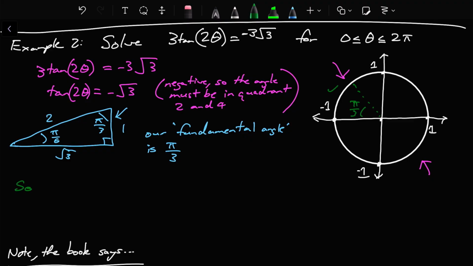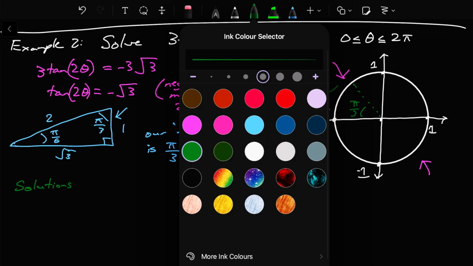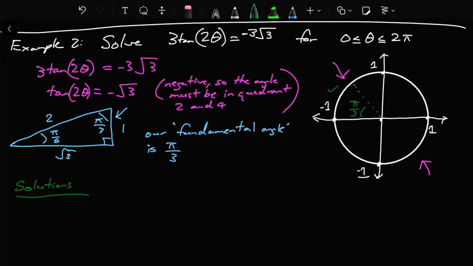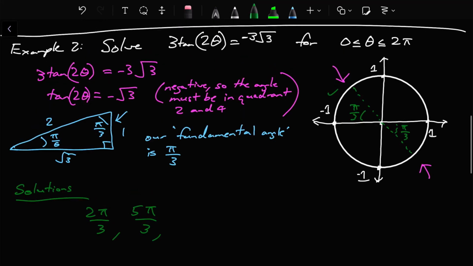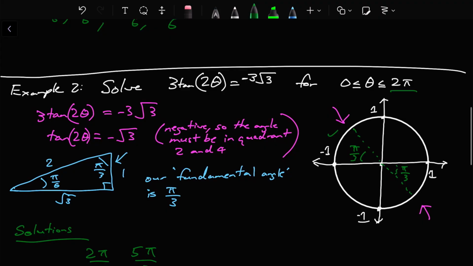So we can see our solutions are 2 pi on 3. And then we can also do the one down here, yeah, where this is pi on 3. Which means that it's also going to be, well, how many lots of pi on 3? That's 5 pi on 3. And then because we want to go up to 2 pi, that's it, right?